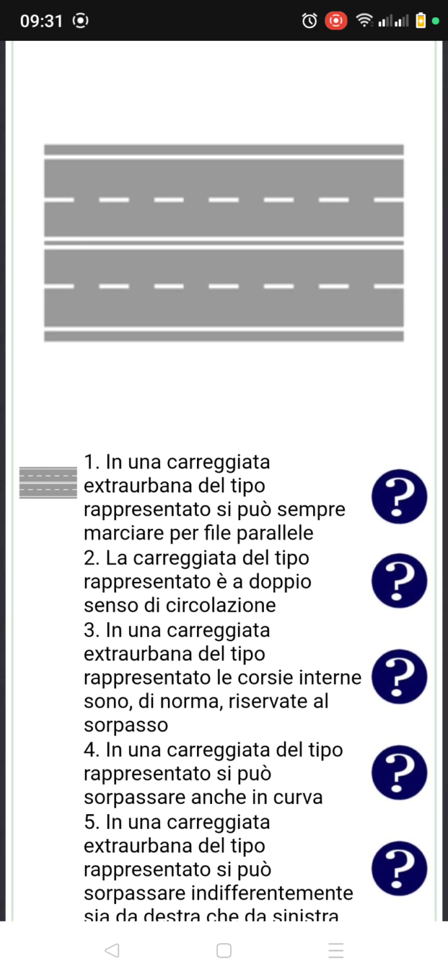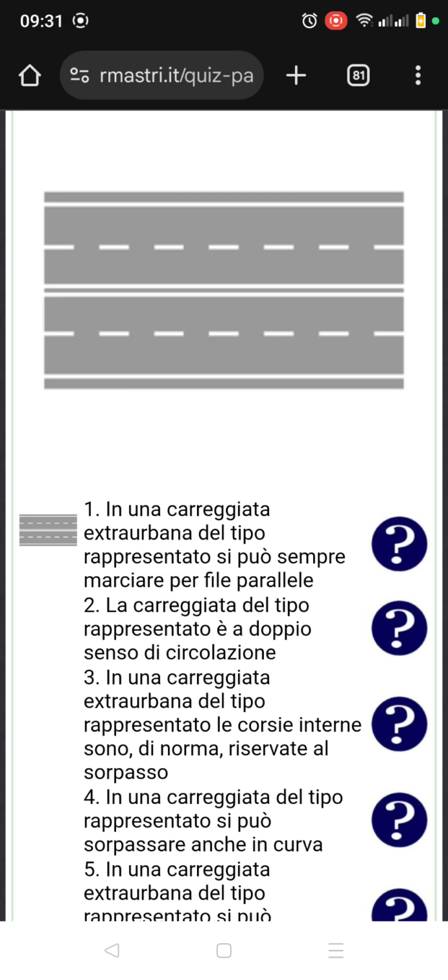In una carreggiata extraurbana di tipo rappresentato, si può sempre marciare per file parallele. So this question 1 is saying, in this very type of carriageway that we are seeing here, we can always, si può sempre, marciare per file parallele, we can always drive side by side. No, not always.